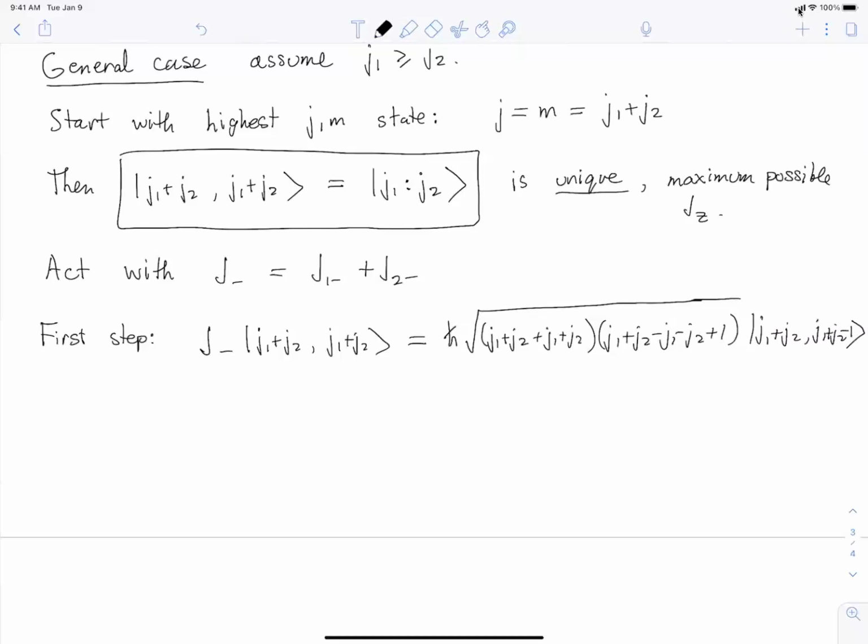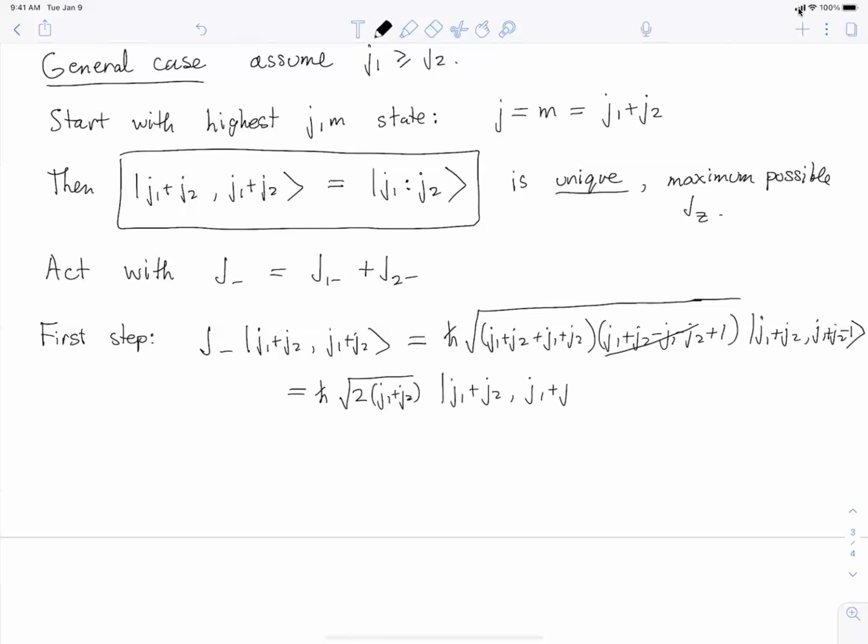Okay, and then inside the square root, some nice things happen. One is this part just cancels, like this. Okay, and so this whole thing is h bar square root of 2 times (J1 + J2).